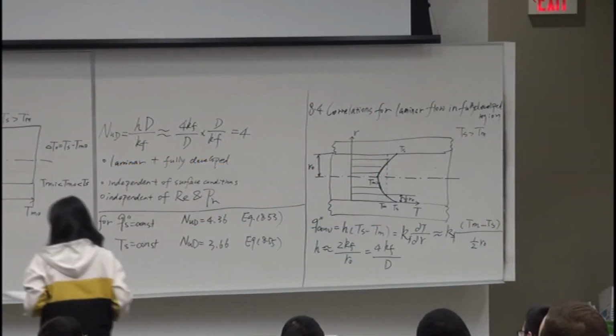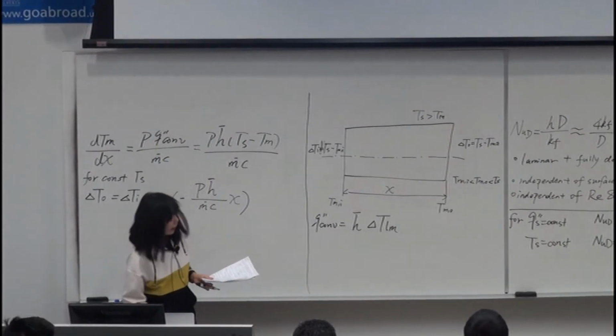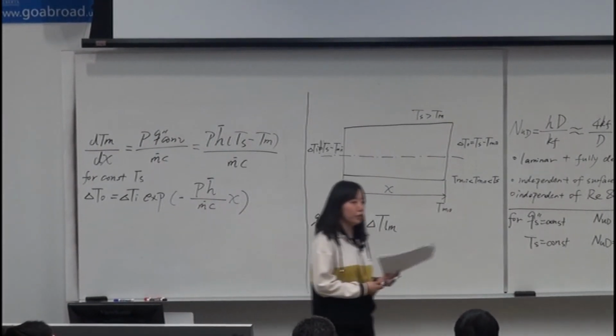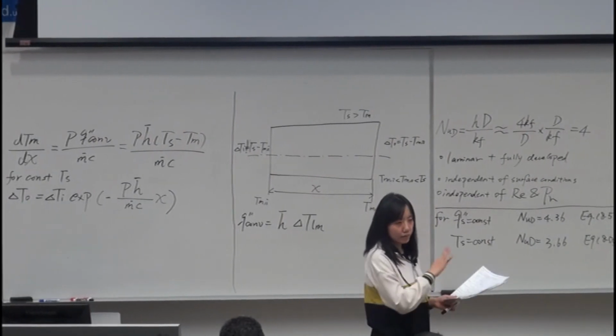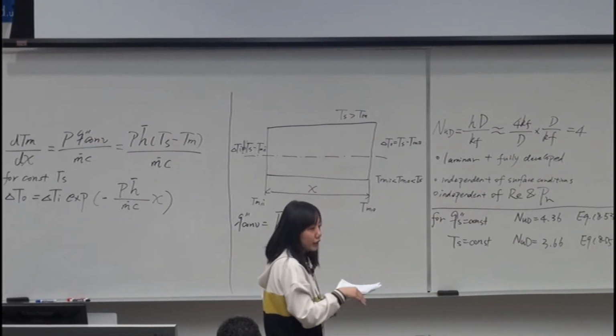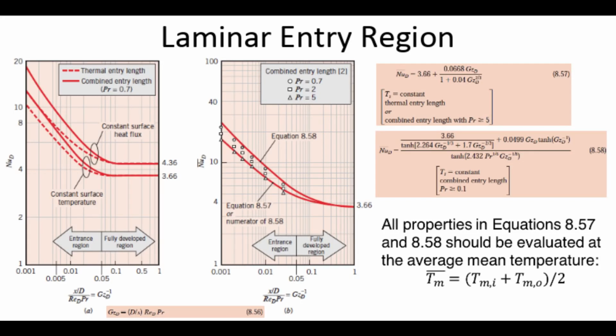But things get complex in the entry region, because in the entry region, our h, the convection coefficient, varies and decreases along the length of the tube. The textbook provides two solutions for the average Nusselt number in the laminar flow entry region.